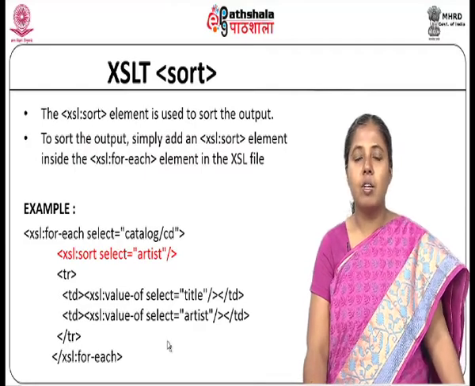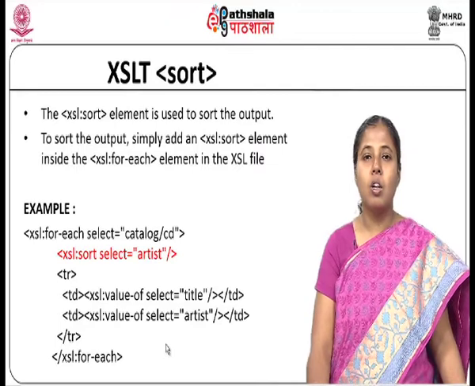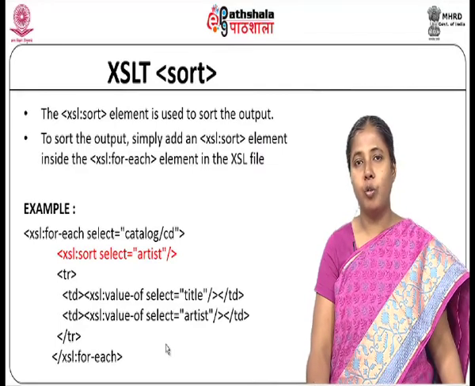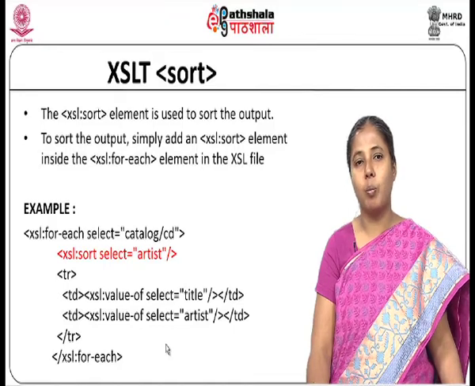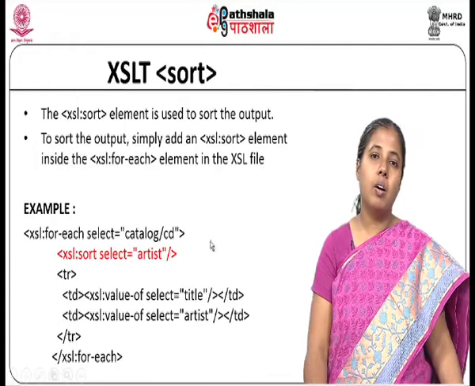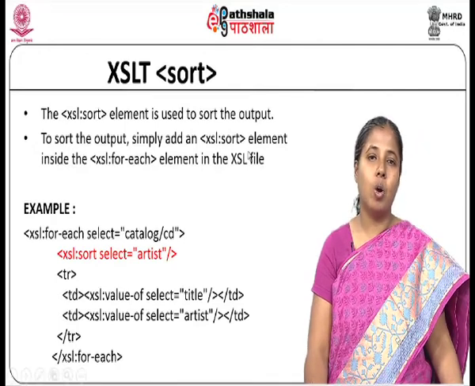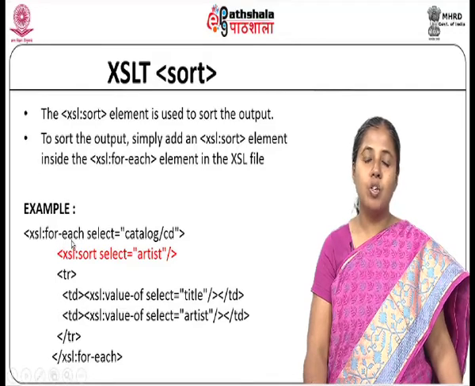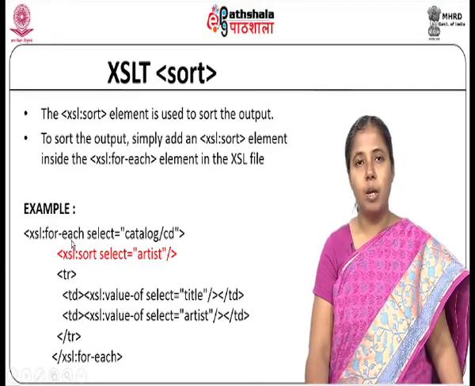And you have an XSLT element called sort. This is used to sort the output, so before you display it, you can make a sort operation. To sort the output you simply add this element called xsl:sort. Now you can see the code: you use for-each which reads all the CD elements.